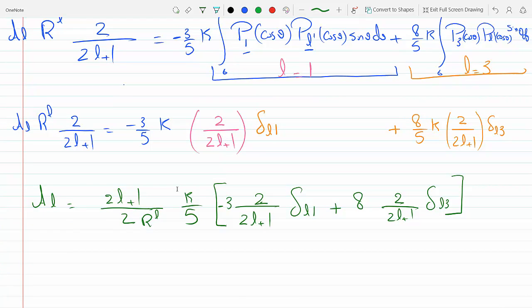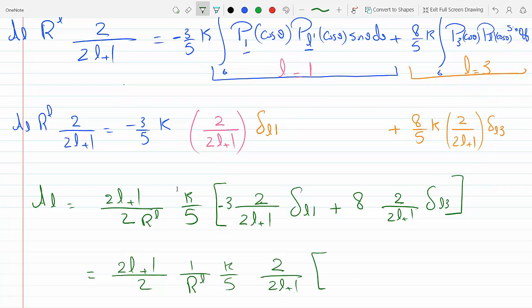Okay. Now, let's factor out 2 over 2L plus 1. So we have 2L plus 1 over 2, 1 over R to the L, k over 5. I will factor out 2 over 2L plus 1 from this.